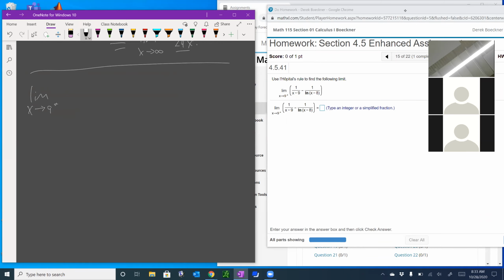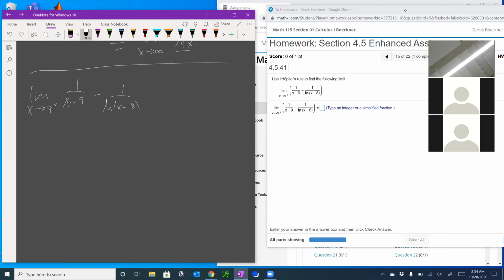Because it looks like 1 over 0 minus 1 over 0. So let's try to rewrite this as, yeah, I think this will work. If not, we'll have to try something else.